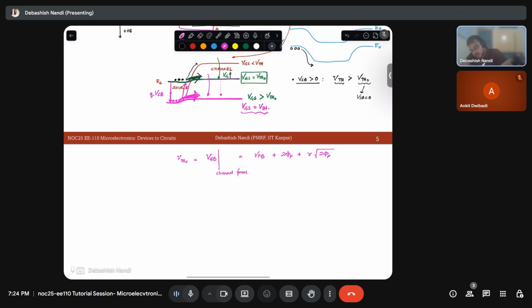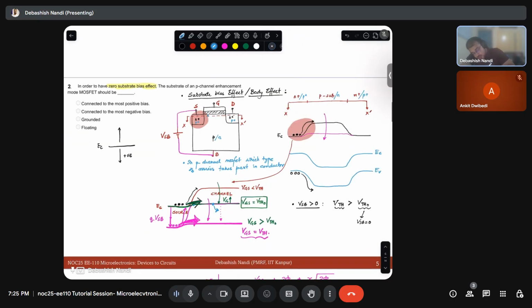Or in other terms, if I tell you more conveniently, the potential energy with respect to this channel, or the potential at this point, is called psi s, or surface potential.